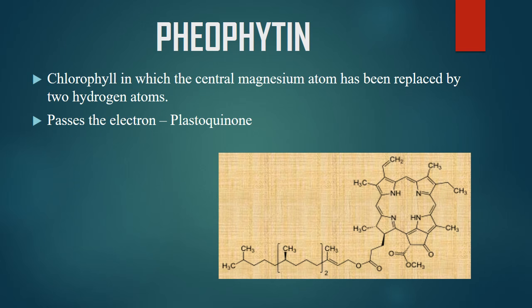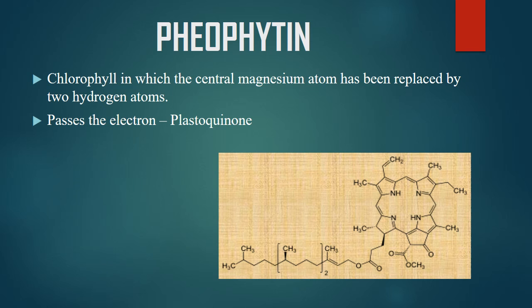As you can see in the Z scheme, the excited electron in photosystem II gets transferred to the next electron carrier, that is the pheophytin. Pheophytin is a chlorophyll in which the central magnesium atom has been replaced by 2 hydrogen atoms.